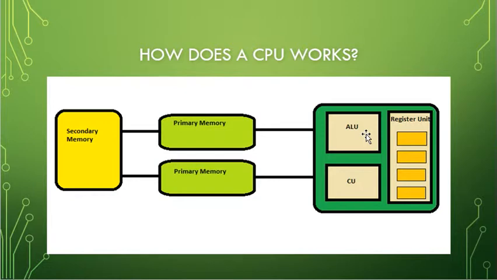All of those happen inside of your ALU by using gates. We have different logic gates such as XOR gates, AND gates, OR gates, and NOT gates. And when you combine these gates together, you can do different operations.